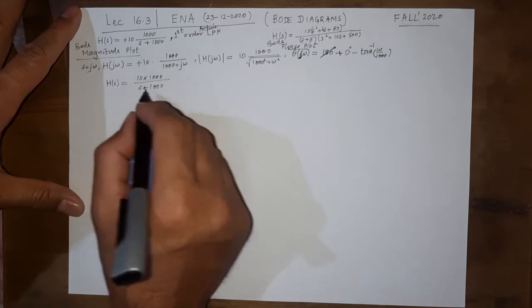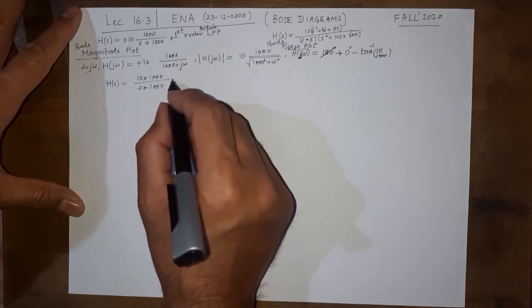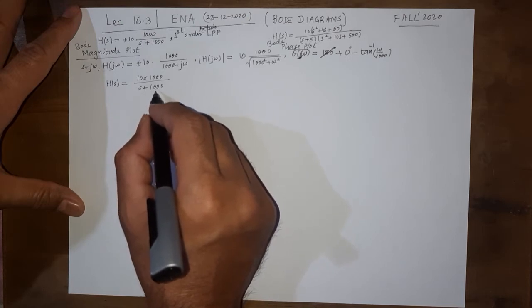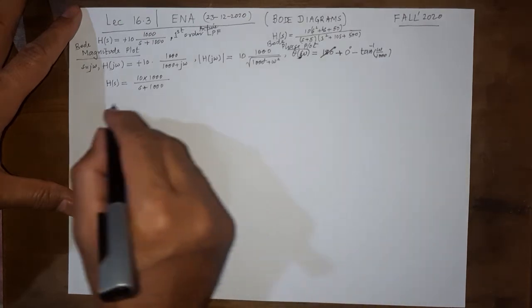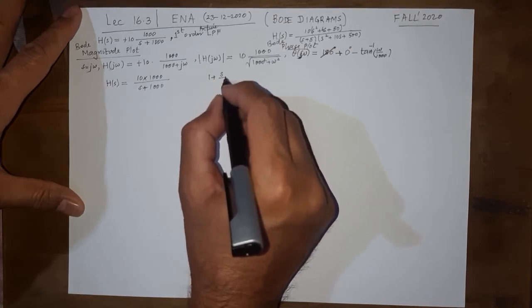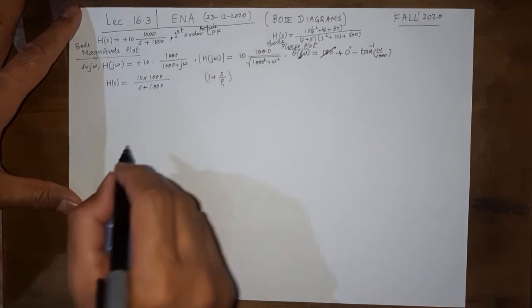If you have a transfer function with all the terms appropriately factorized, then try to convert each factor s plus something into a form where the denominator has such factors: 1 plus s divided by that pole, whatever it is. All the factors should have this form.